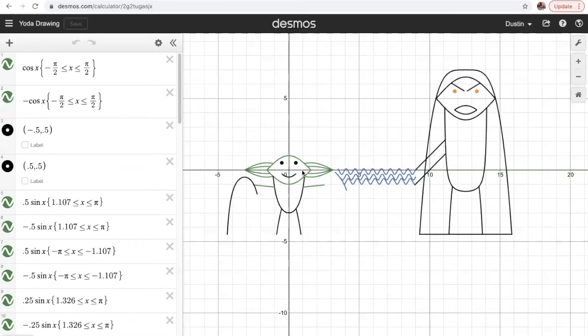Functions can take many different shapes, and all of these are functions. They only have one output for every input. It just so happens the way they look, it looks like there are a lot of outputs for each input. So I hope you enjoyed looking at one of my high school projects, and we'll get back into functions now.